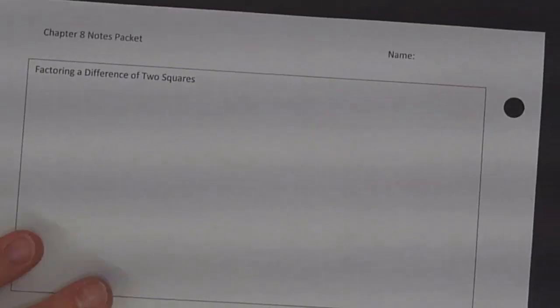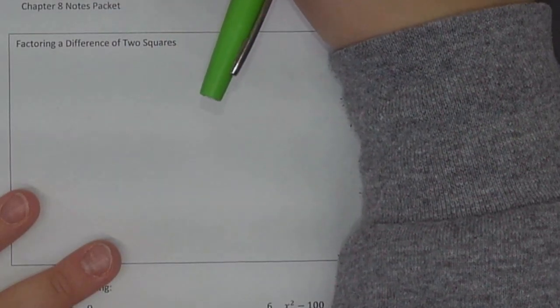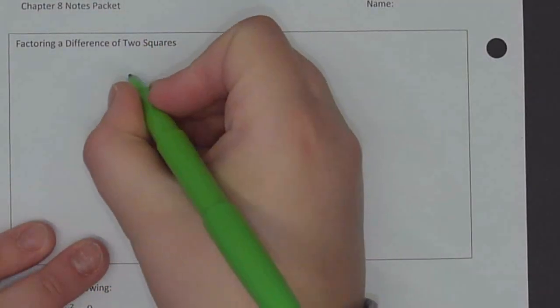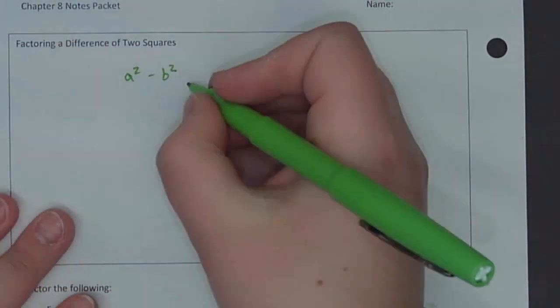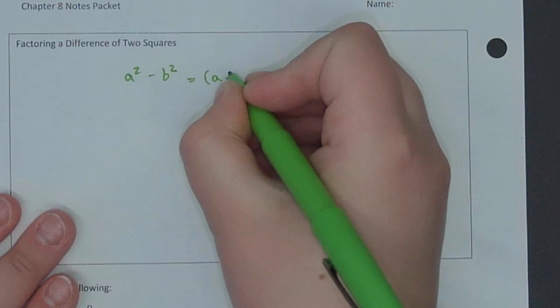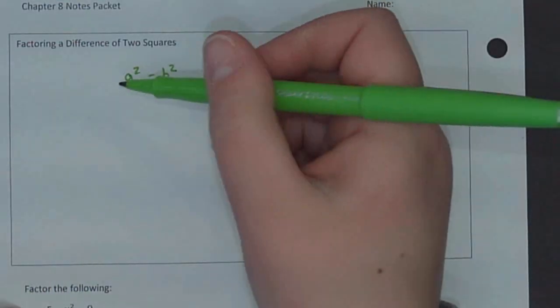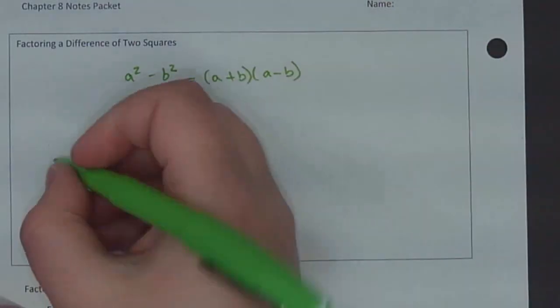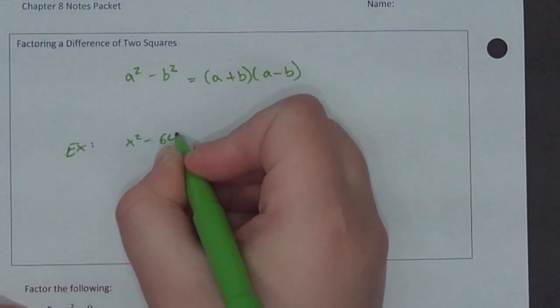Now our second special case is called the difference of two squares, which means we got a squared minus b squared. There's no middle term in these. So these would factor into a plus b times a minus b. Again, both the first and the last term are a perfect square. So for example, let's say we have x squared minus 64.